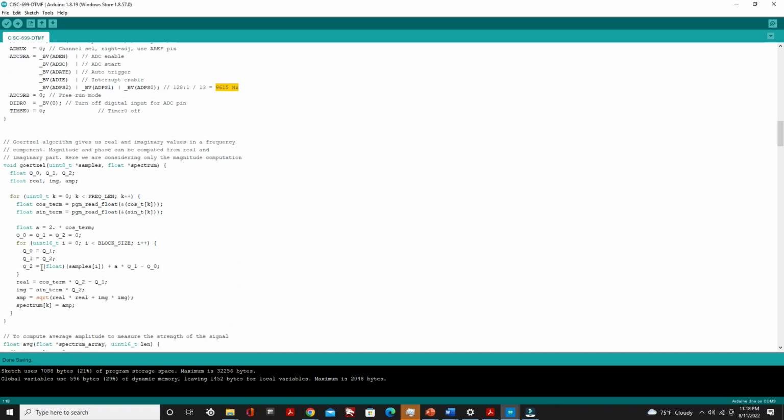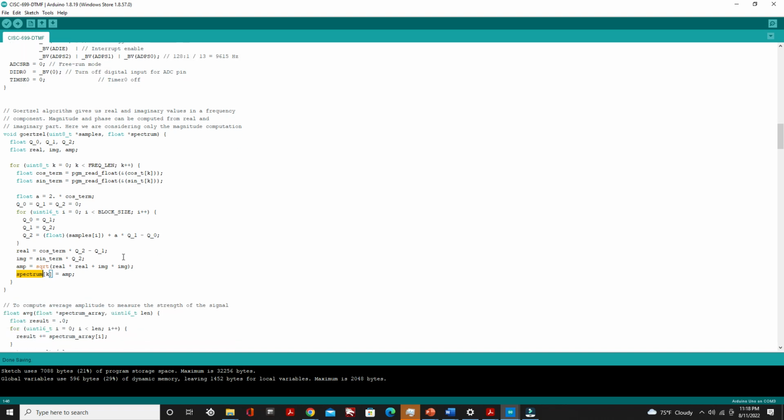So using the pre-computed values of cosine and sine terms, I calculated the real and imaginary parts, and using those real and imaginary parts, I computed the amplitude and stored it in the spectrum array, where each value corresponds to the amplitude of each frequency component in the spectrum.